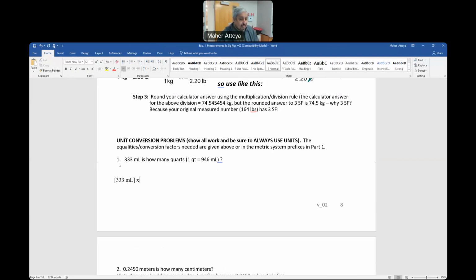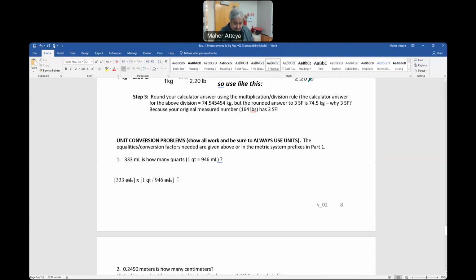So the relationship is 1 quart has how many? 946 mL. So the mL with the mL cancels out. This mL here will cancel out. And this mL here will cancel out.